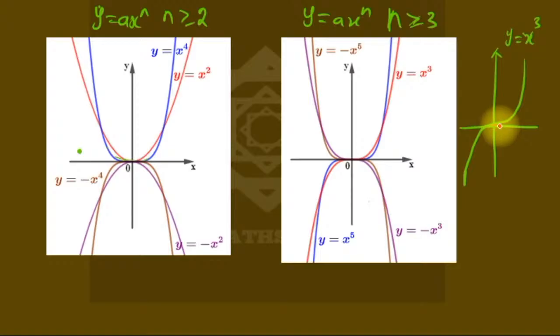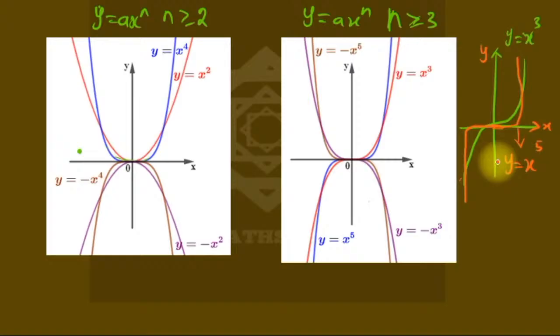This one sits more on the axis. The orange one will be raised to a power greater than 3, but it's an odd power, so maybe let's take 5. So the higher the power, the more it sits on the x-axis. That's what I'm trying to say.